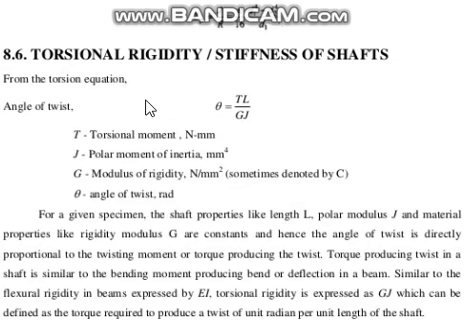From the torsion equation, we can get the angle of twist theta as TL upon GJ, where T is the torsional moment in Newton millimeters and J is the polar moment of inertia. Sometimes some people write J as IP also.